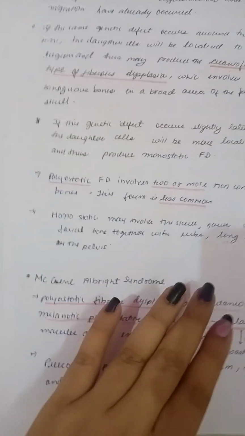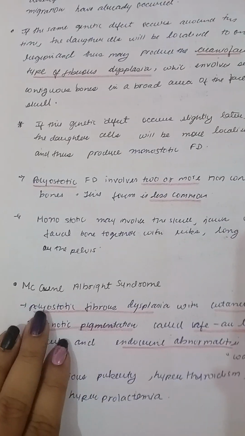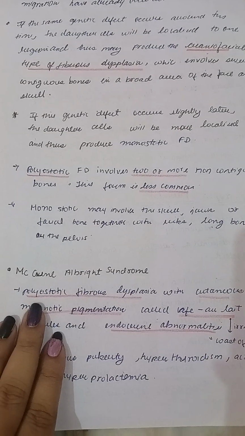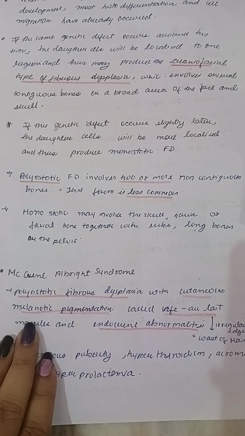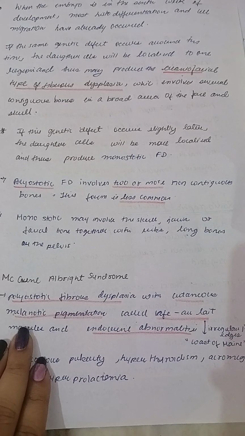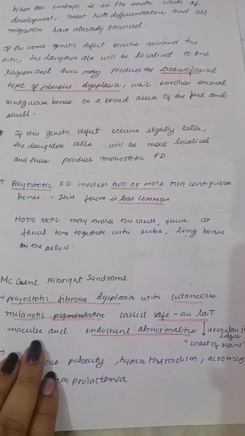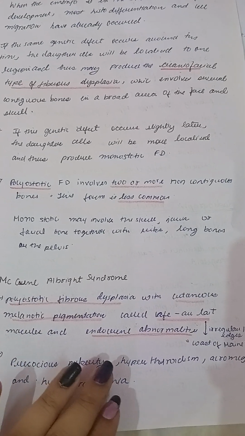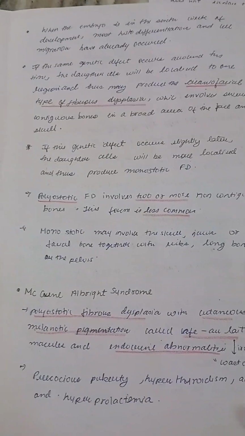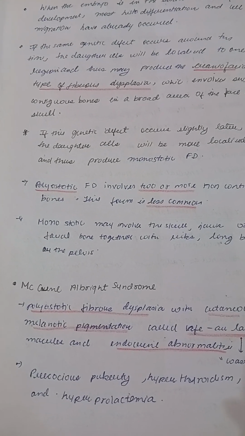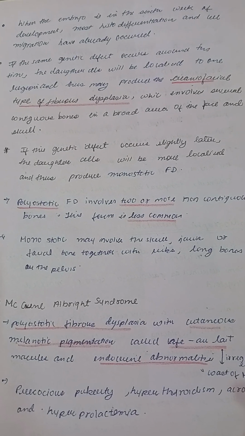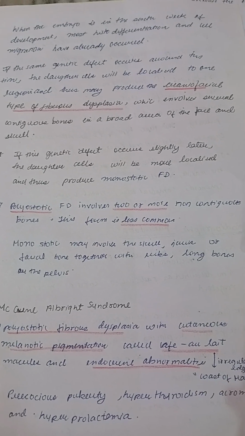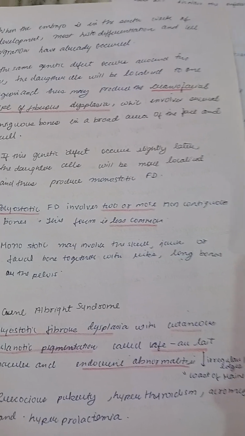Okay, now coming to McCune-Albright syndrome. Polyostotic fibrous dysplasia with cutaneous melanotic pigmentation called Jaffe-Lichtenstein macules and endocrine abnormalities. Okay, McCune-Albright syndrome is a type of polyostotic fibrous dysplasia but with cutaneous melanotic pigmentation and endocrine abnormalities.